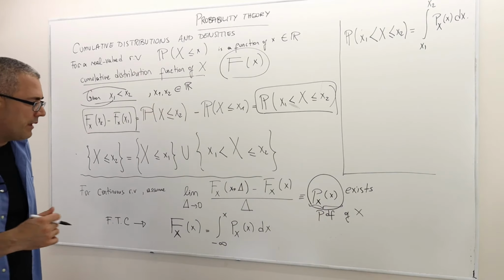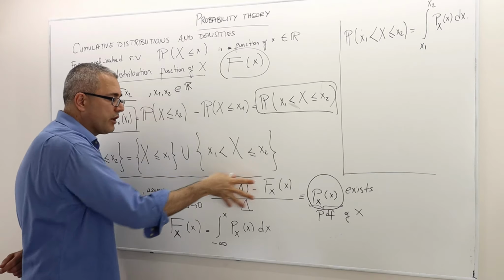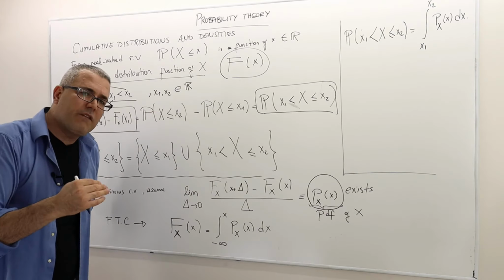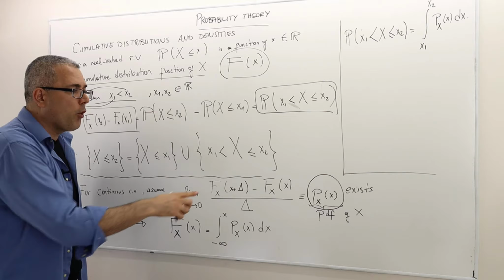What does that mean? If you remember our previous notes, this is nothing but the derivative of the F function, the CDF. So we assume that the cumulative distribution function is differentiable at point x.